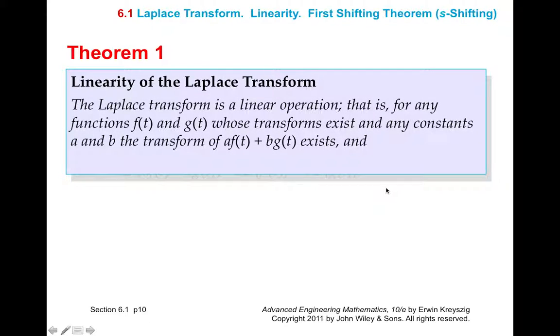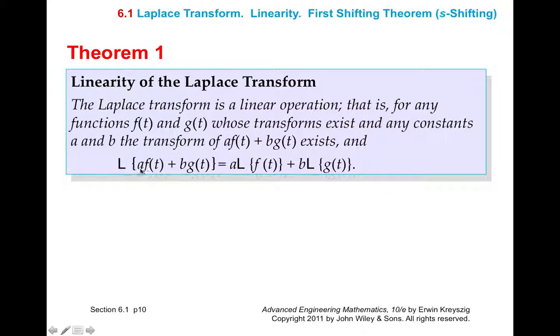The Laplace transform is linear. So if we have a function f of t and a g of t, first of all, if they're multiplied by a constant, the constant can be pulled out of the transform process.